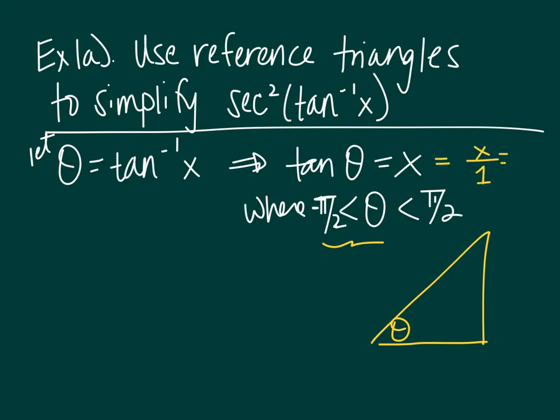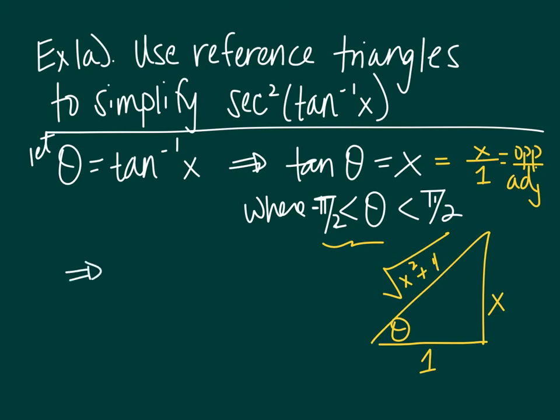And if you recall, tangent is opposite over adjacent when we're thinking of the definition of trig using the unit circle. And so that means I'm going to have opposite is x, adjacent is 1, which then gives me my hypotenuse is square root of x squared plus 1 from the Pythagorean theorem.